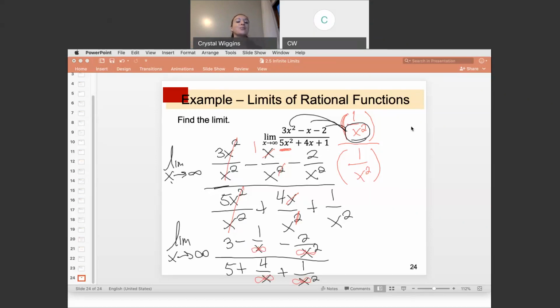That's right, you're really close to 0. So we consider any constant divided by infinity to be a number very close to 0. So all those terms are going to 0, leaving us with the limit approaching 3/5.